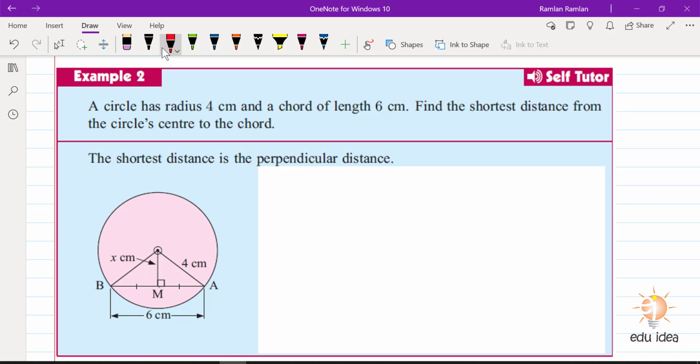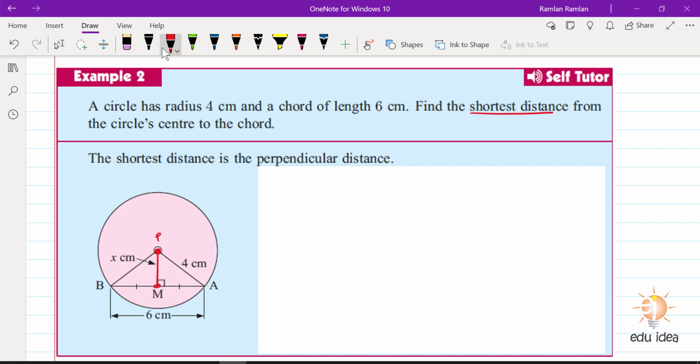So basically, you are going to go from the center point, let's name that, for example, point P. The shortest distance is going to be the perpendicular line from P to this chord, which is 6 centimeters long. You drag a perpendicular line from here to here, and this is the shortest distance from the center point to the chord.